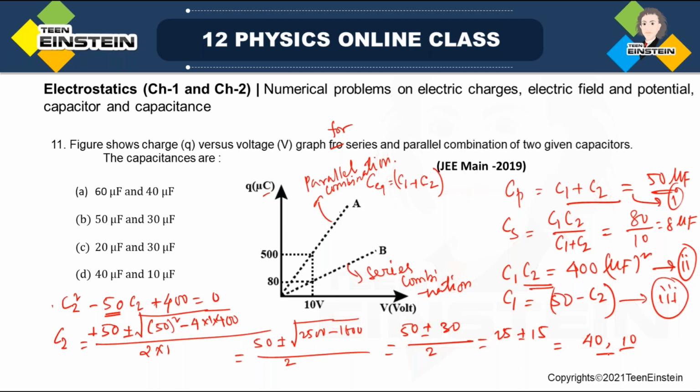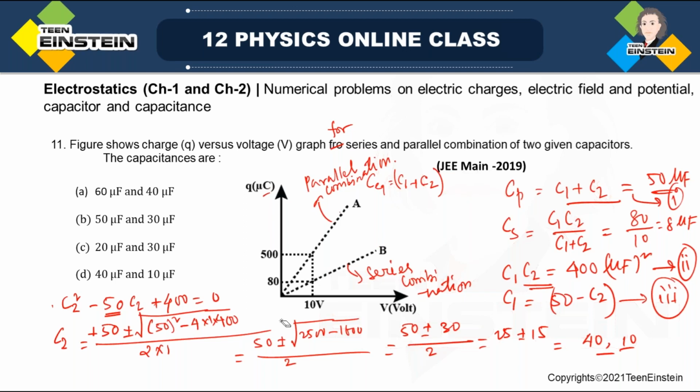Now we have to judiciously find whether it will be 40 or 10. Okay, so we'll first try to analyze whether it is plus or minus, and that can be even done after calculating the other one also. Okay, so let us go for calculating.